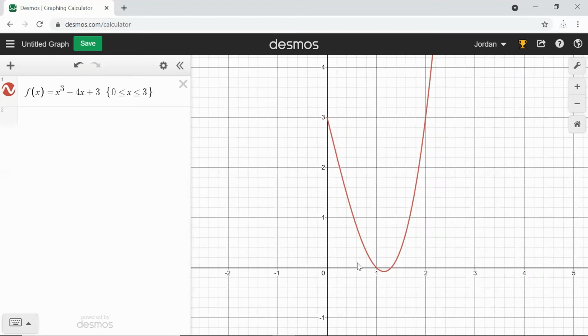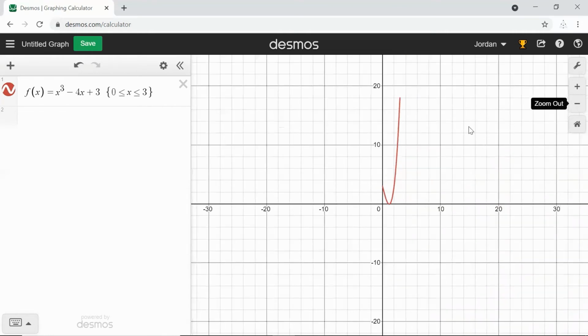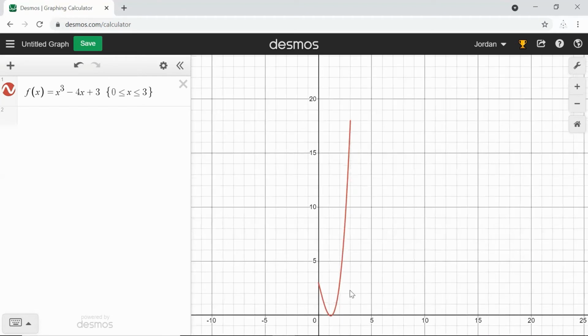You can see that the maximum is going to happen at the value of 3. So we can find the maximum point or the maximum value by just plugging in 3.